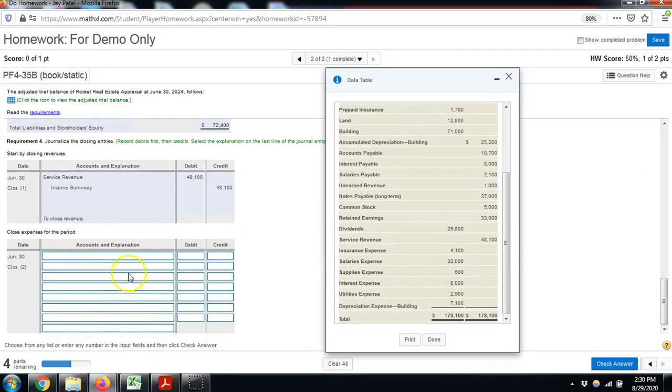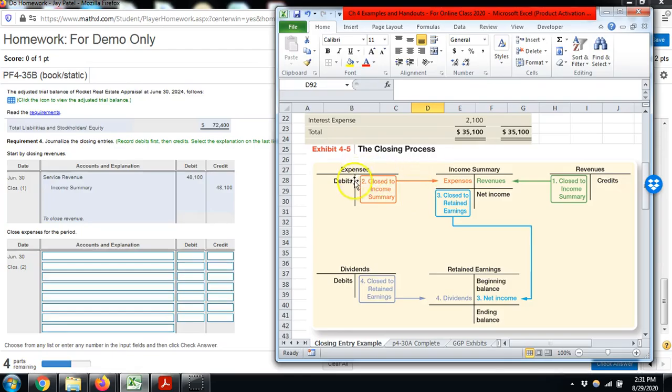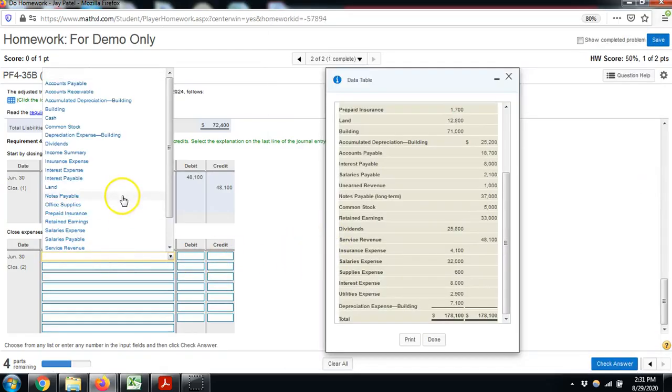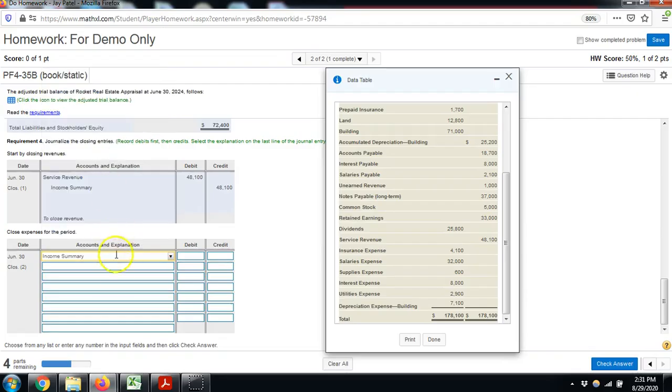Next, we're going to close out all of our expenses. So if we look at our diagram, it's going to involve crediting our expense accounts and debiting income summary. So we're going to be debiting income summary, and we have all of our expense accounts listed here.